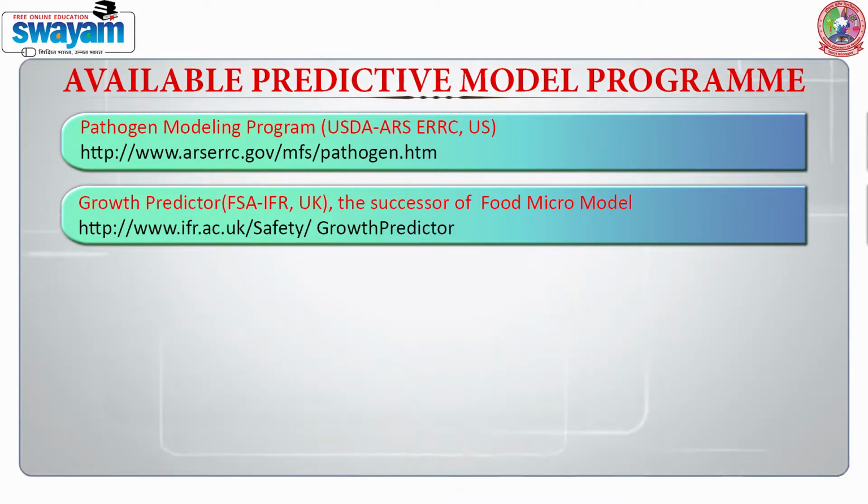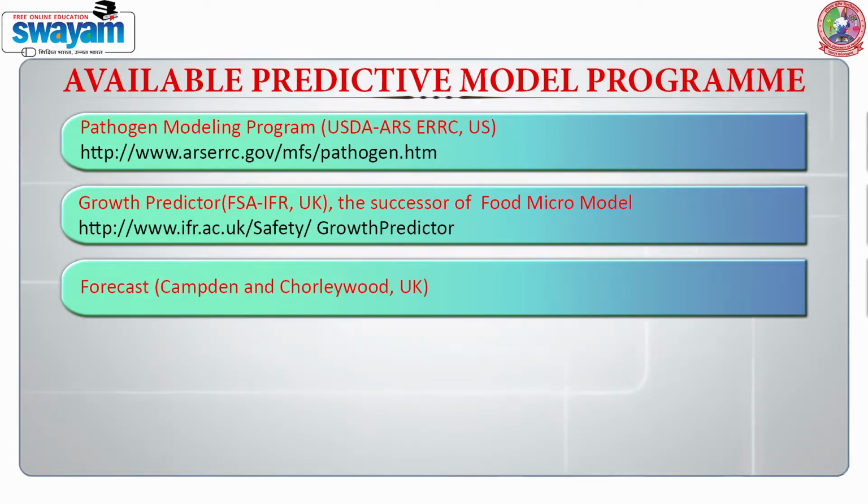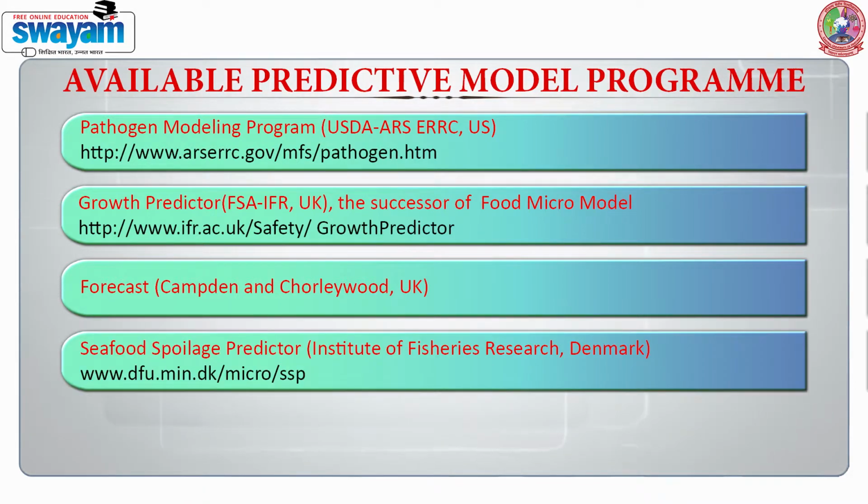Then we have the next one, the Growth Predictor, which has been given by the UK, and it is the successor of Food MicroModel. Then we have another type of forecast model which is known as the Growth Predictor forecast. It has been given by Campden and Chorleywood, UK.